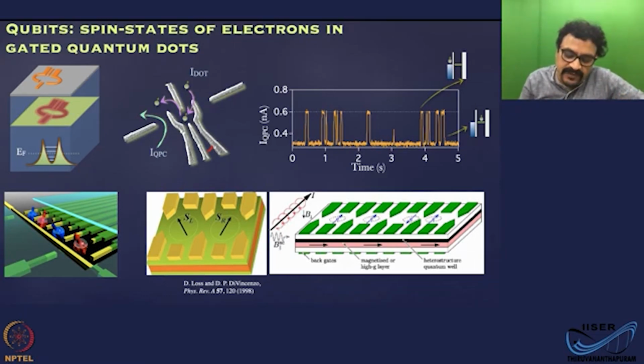With the help of the charge sensor on the side, which is a quantum point contact, this also we have discussed, you can detect the electron configuration of the dot or charge state of the dot, and other temporal parameters of electron tunneling events too.